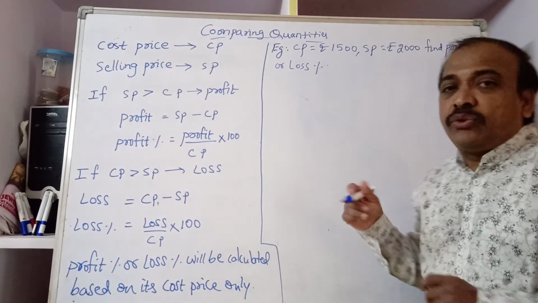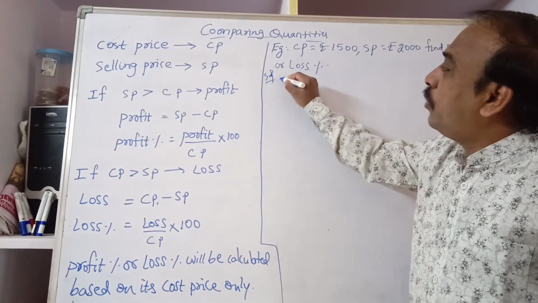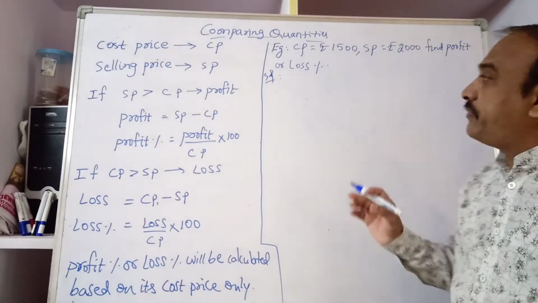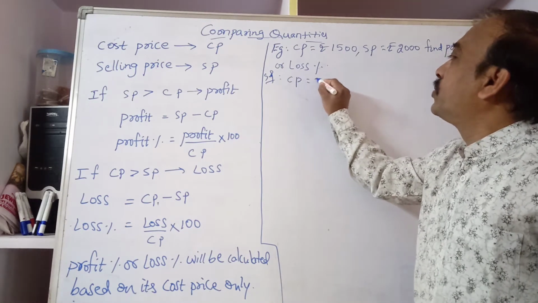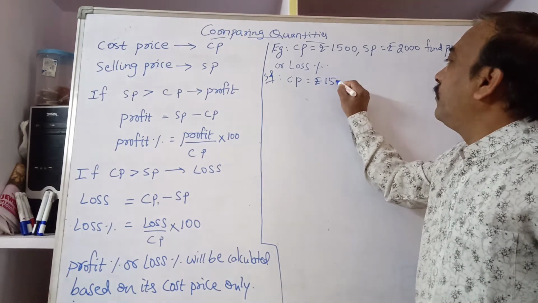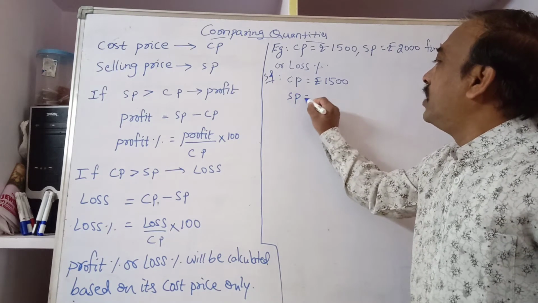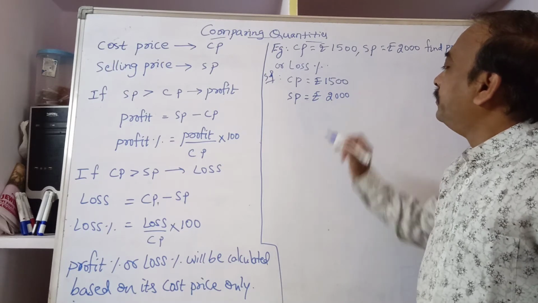Whenever you identify the question, first you write what are the terms given in the question. So cost price, CP is equal to rupees 1500. Then SP is equal to rupees 2000.